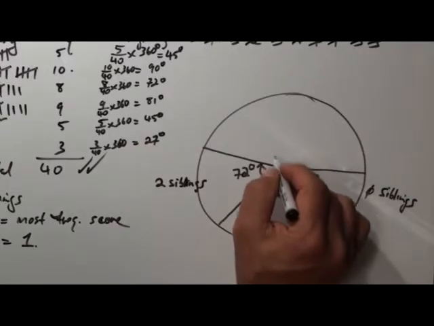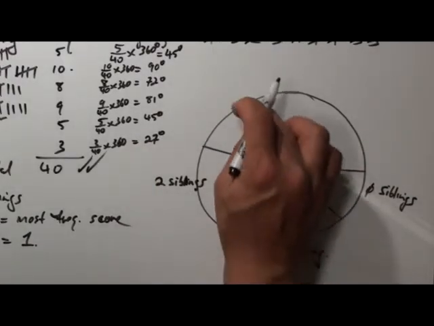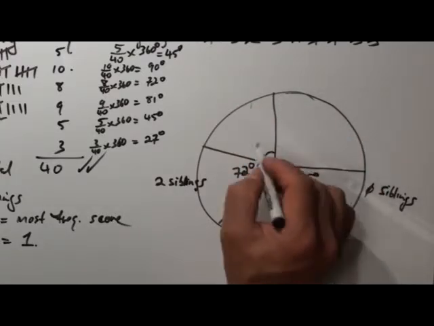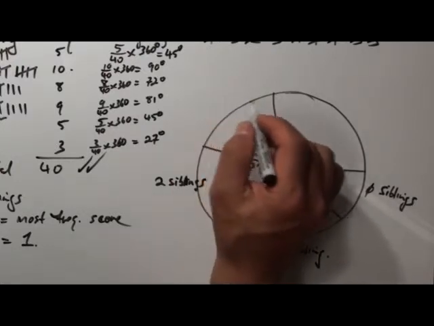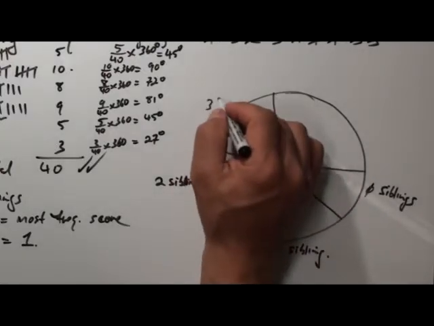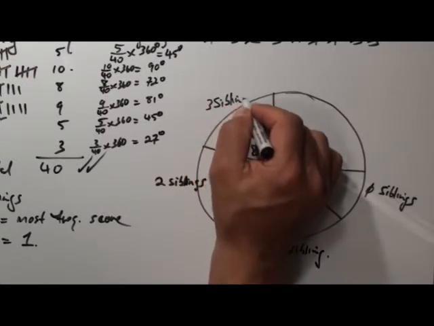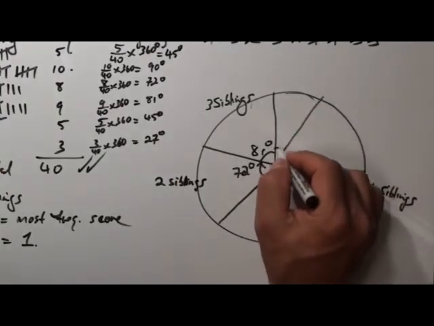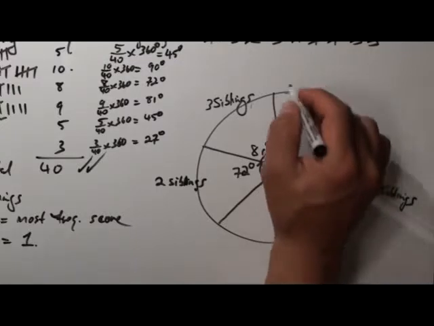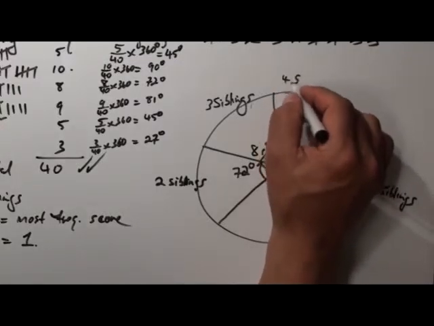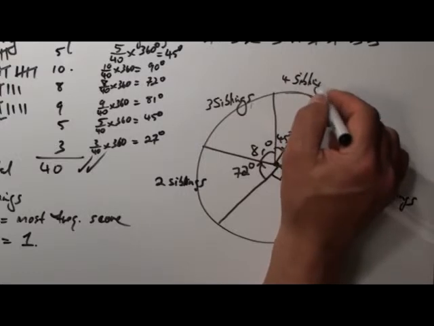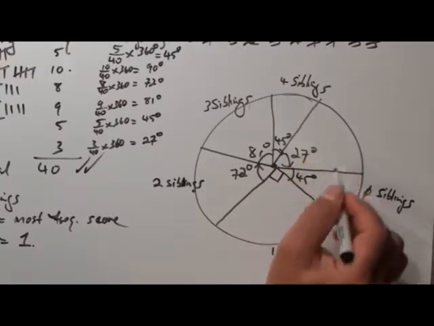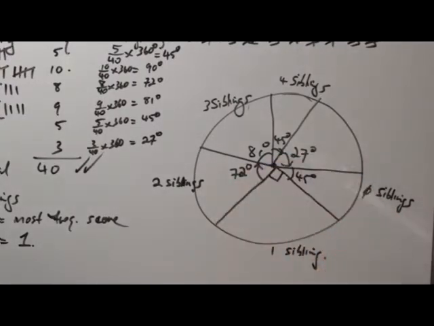Then 81 degrees, doesn't look like 81, I'll make it a bit bigger. Degrees for 3 siblings, and then 45 degrees for 4 siblings, and we're left with 27 degrees, and if done correctly with a protractor, that will look more accurate.